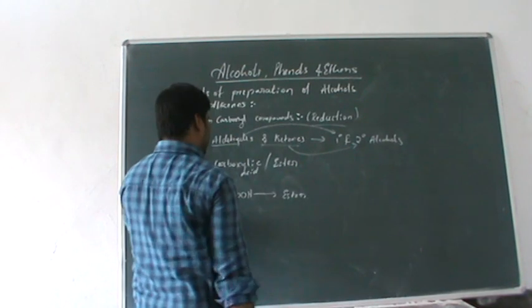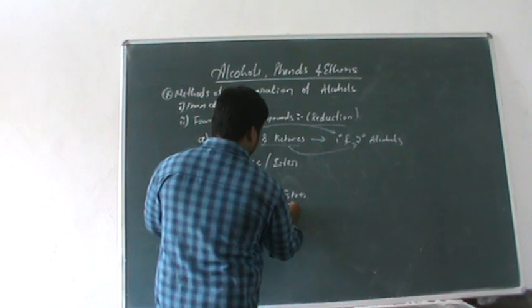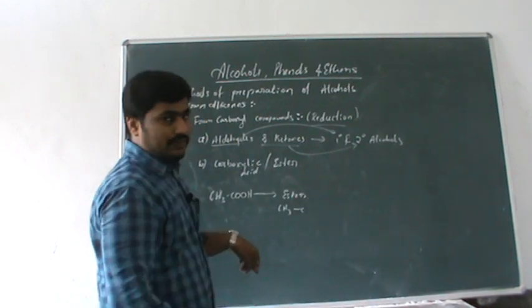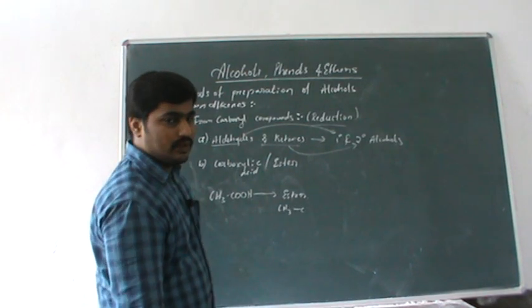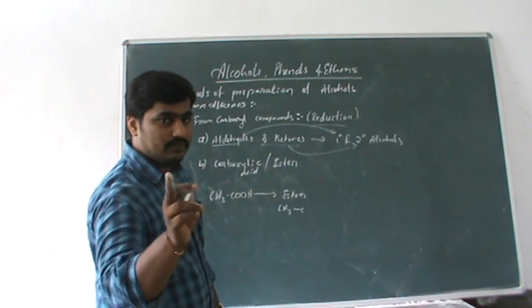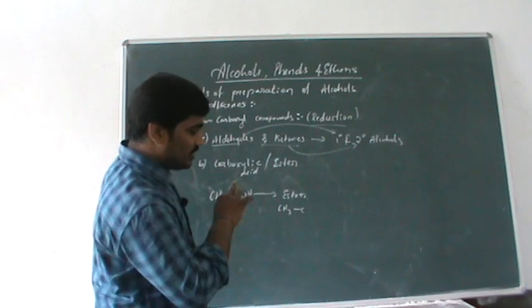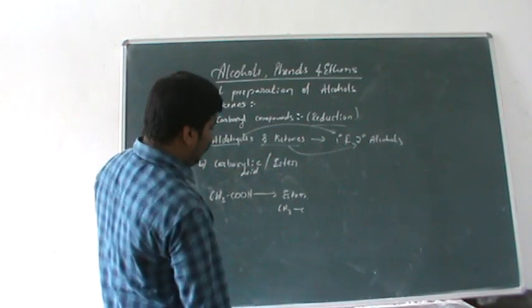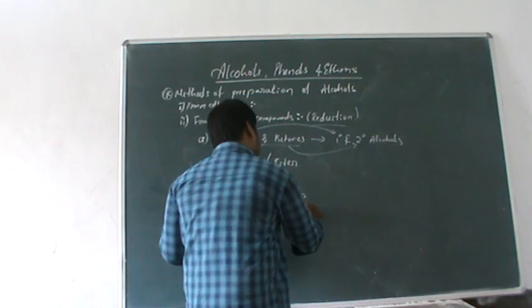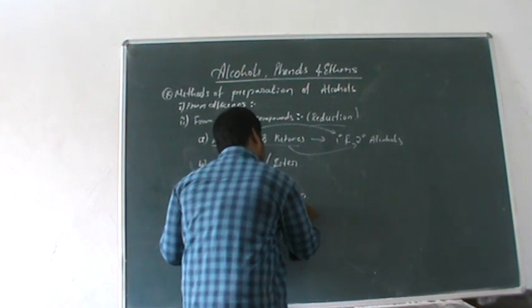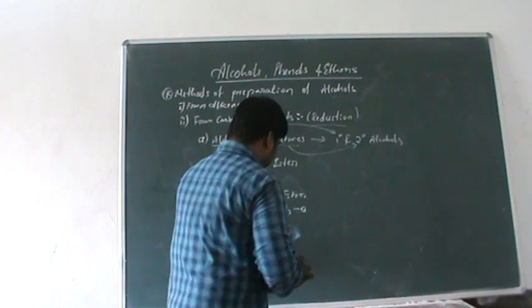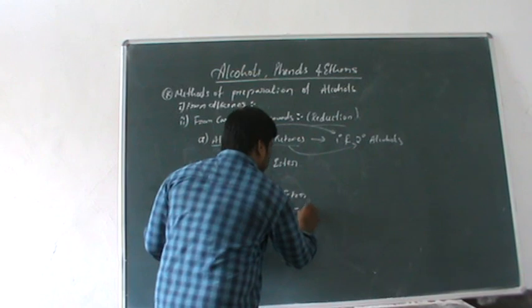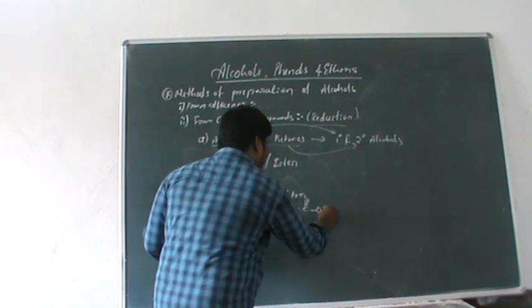What is the functional group of an ester? RCOOR'. The corresponding ester is CH3COOR.